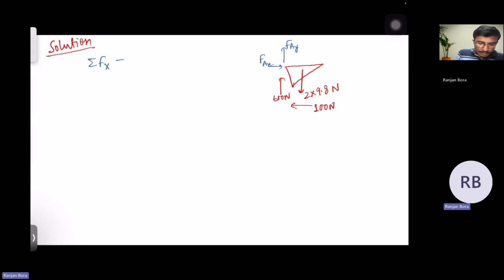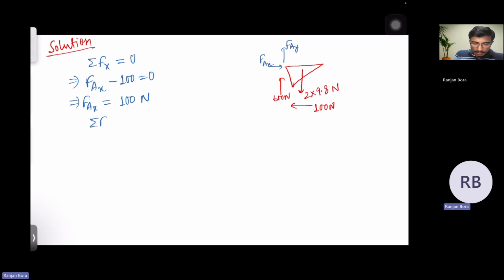Summation Fx equal to 0: from this, Fax, and the next force acting in the x direction is minus 100. Fax minus 100 equal to 0. From here, Fax is 100 Newton.